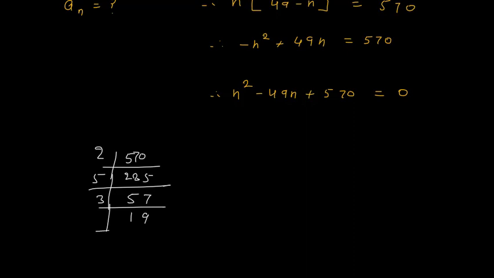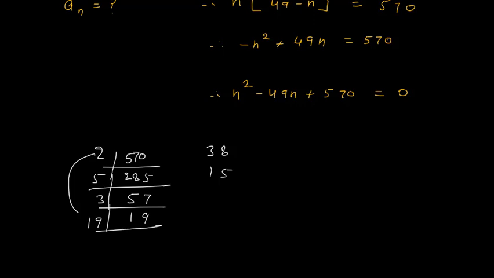Okay, I want minus 49. So if I take 19, 2 is 38, and 5 3 is 15, it will not give me a proper result.